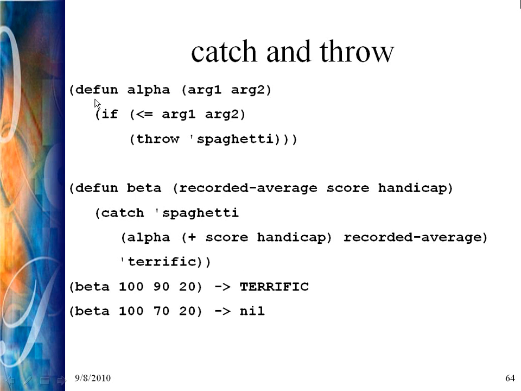Let me put it like that. So we're defining a function alpha. It takes 2 arguments. If the first argument's less than the second argument, then you throw to the tag spaghetti.